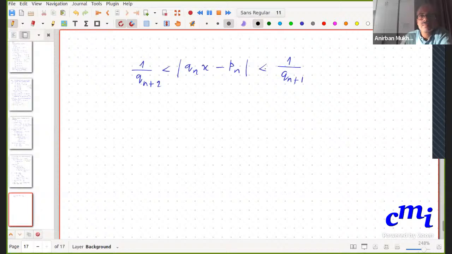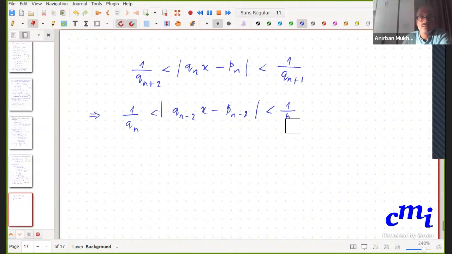What it gives is this kind of thing: if you start with somewhere like Qn, then you have, replacing n by n minus 2, Pn minus 2, which is less than 1 over Q. Sorry, this is Qn minus 1. It should be 1 less.